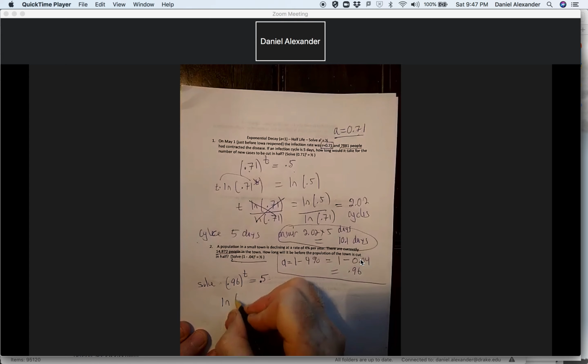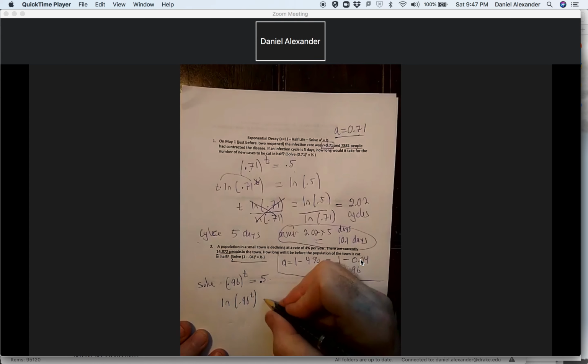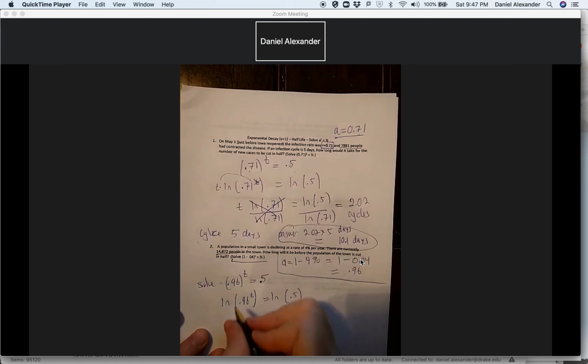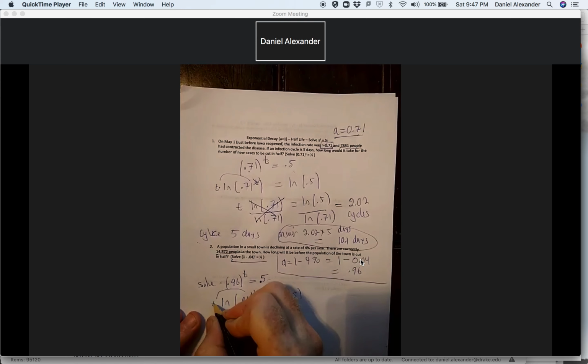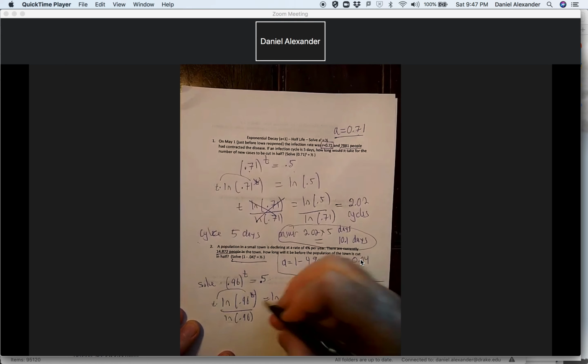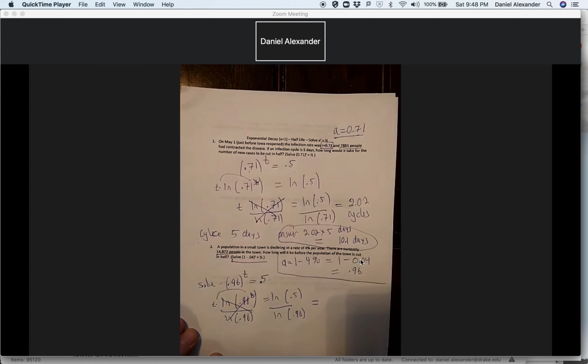So I'm going to take logs of both sides. Use the power rule to bring the t down. Divide both sides by natural log of 0.96. And this cancels. So t is equal to natural log of 0.5 over natural log of 0.96.